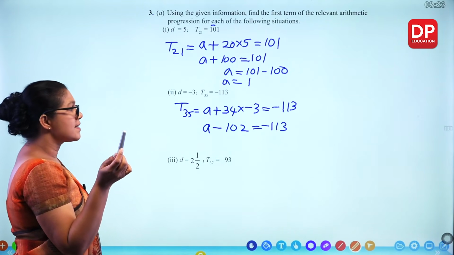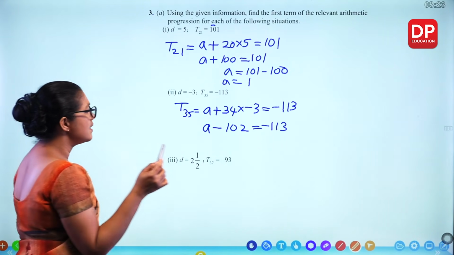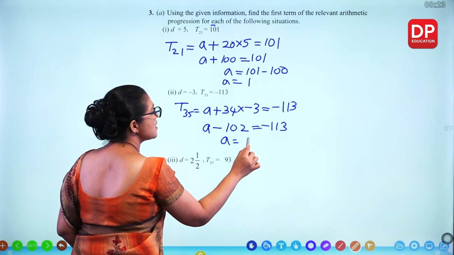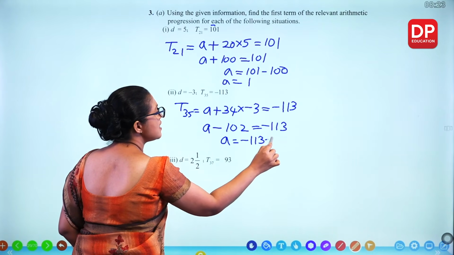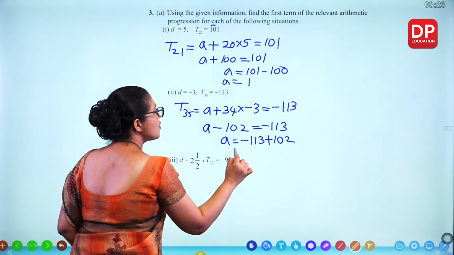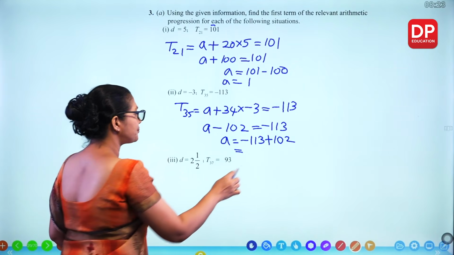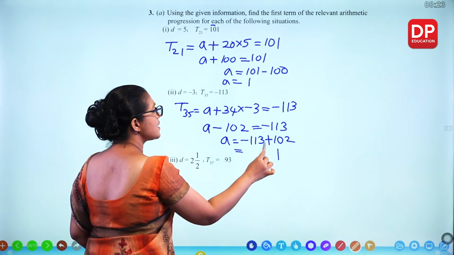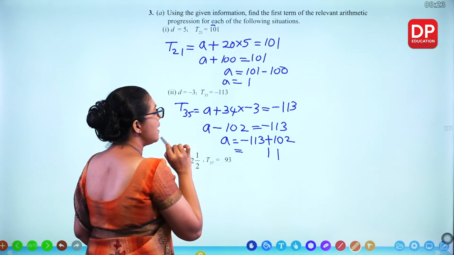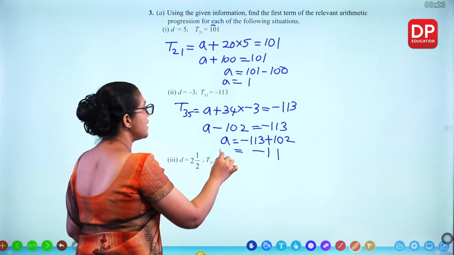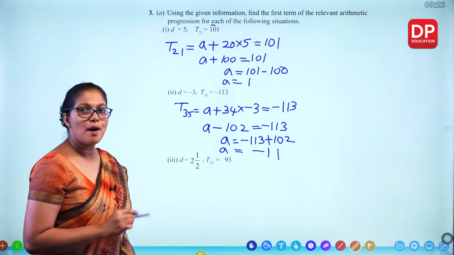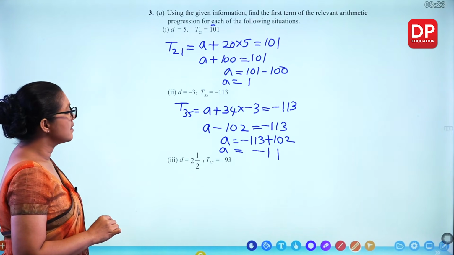Take minus 102 to the other side, you get A equals minus 113 plus 102. Take the difference, you get 11. So that's minus. So the first term is minus 11.